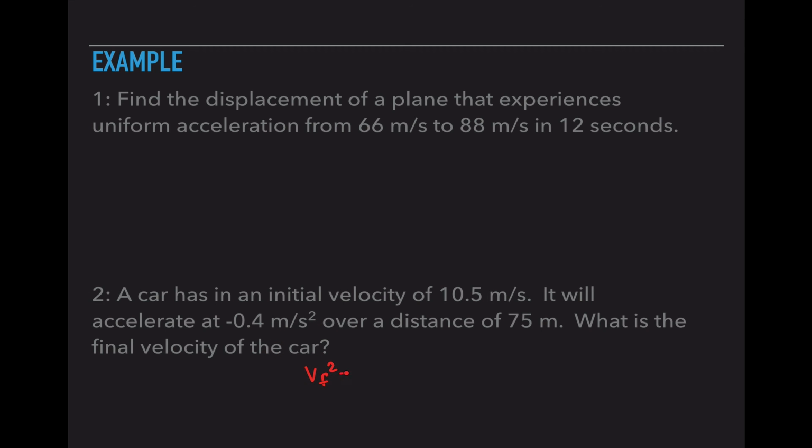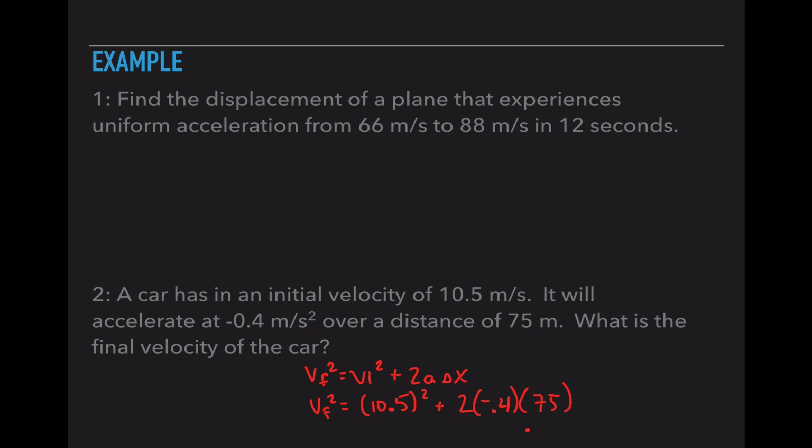So VF squared equals VI squared plus 2A delta X. Okay, VF squared is our unknown, or VF is our unknown. VI is 10.5, and we're squaring that, plus 2 times negative 0.4 times 75.